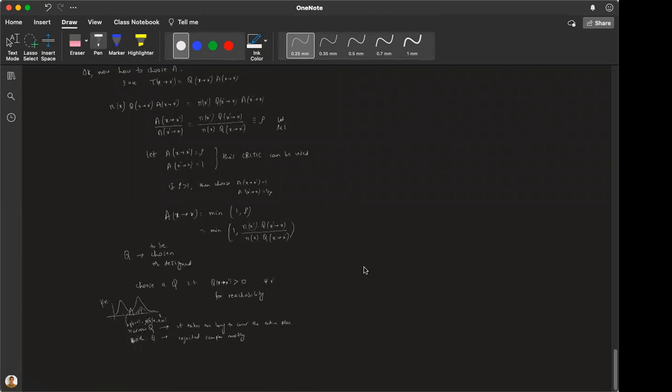Now, for the reference for this topic, if you want to study in more depth or see some examples, you can refer to Bishop's book, Christopher M. Bishop, chapter number 11.